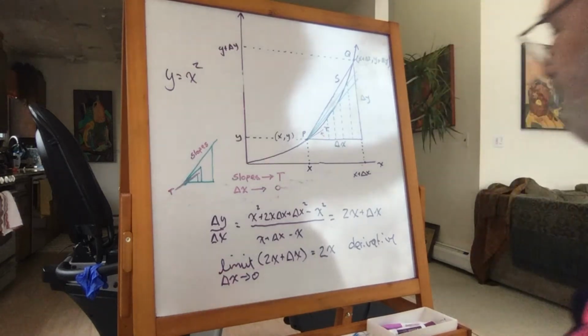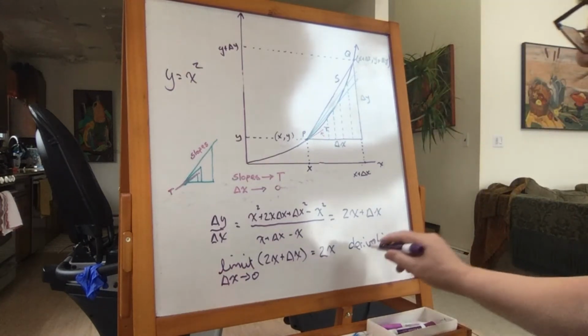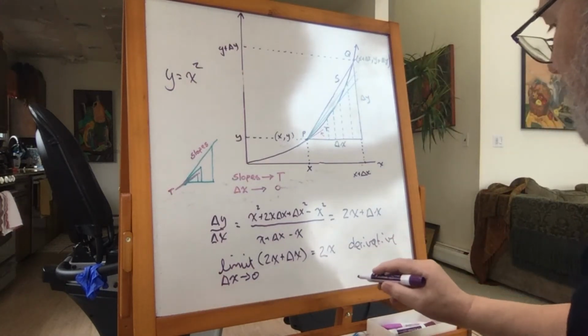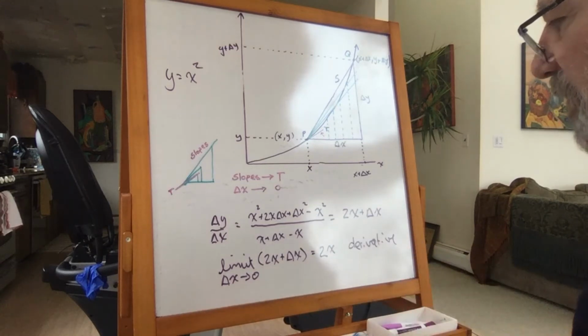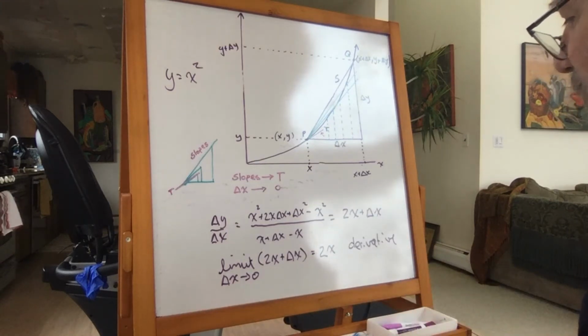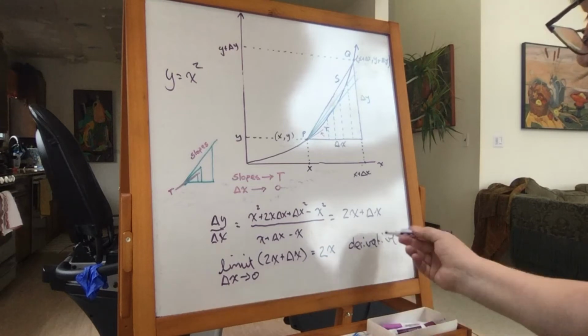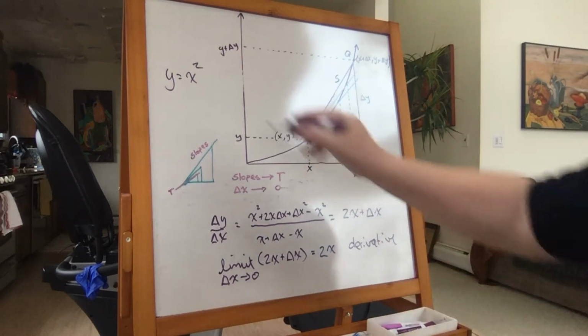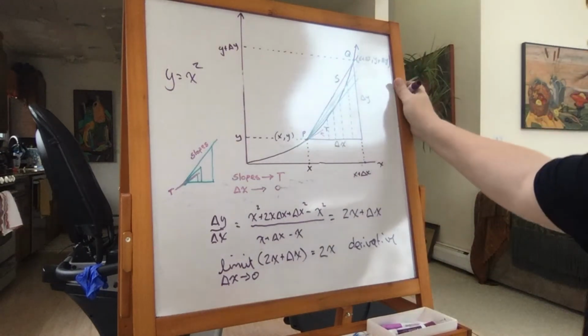So we have now developed, or derived, the derivative of y equals x squared.